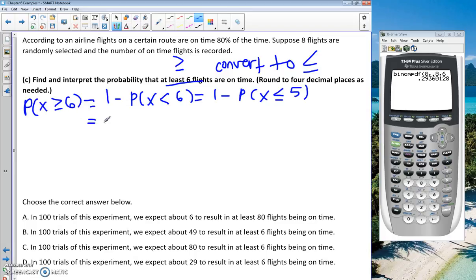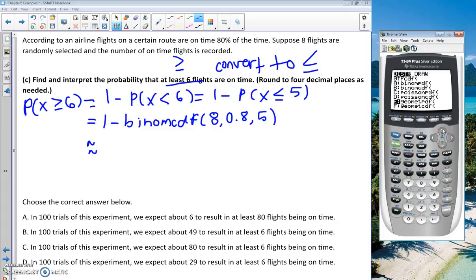So this is 1 minus binomial CDF, since we're calculating multiple values, with n, which is 8, p, which is 0.8, or 80%, and then our 5. I can type all that in at one time: 1 minus second bars, go up to get to it quicker, binomial CDF, and 8, comma, 0.8, comma, 5.